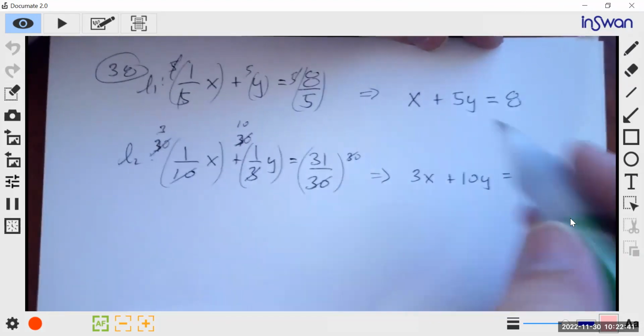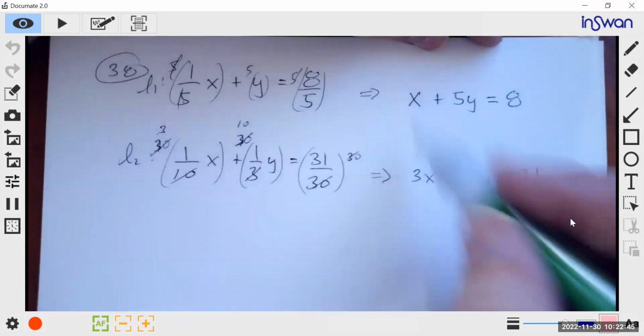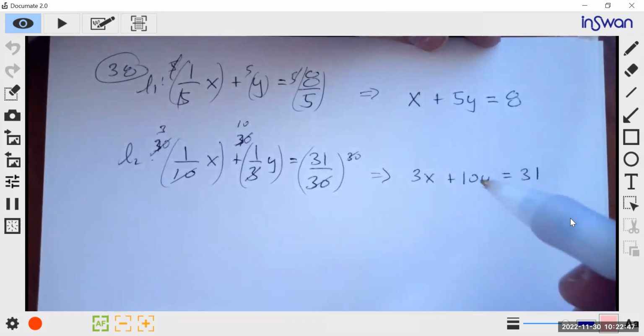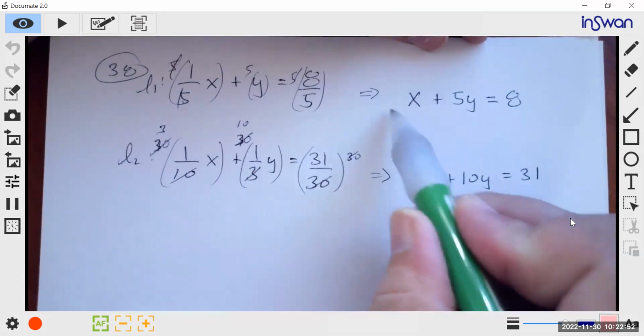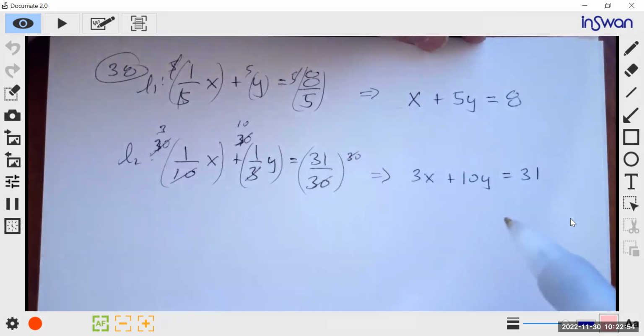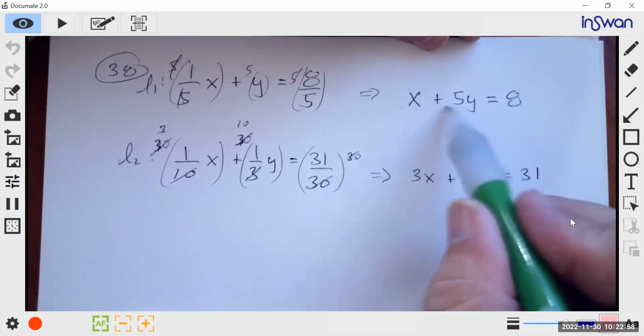Now, elimination, I have to pick a variable to cancel. But they have to have the same number but different signs. So if I want to get rid of the x's, this number has to be a -3. If I want to get rid of the y's, this number has to be a -10.